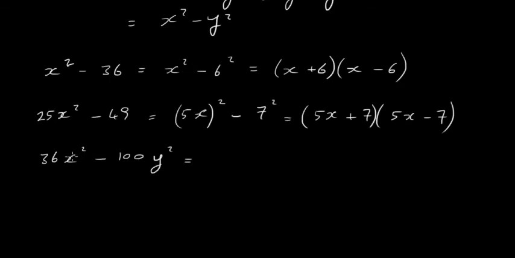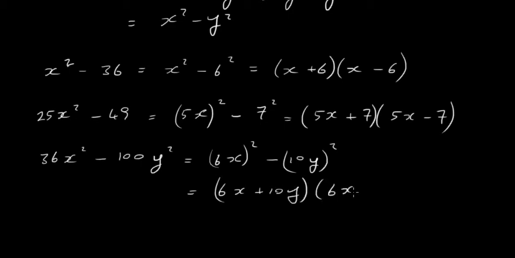Again, this square is only squaring the x, and this square here is only squaring the y, so we need to change the first one into 6x squared and the second one into 10y all squared. This will give us 6x plus 10y, 6x minus 10y. So if we multiply these out, we should end up with this here.